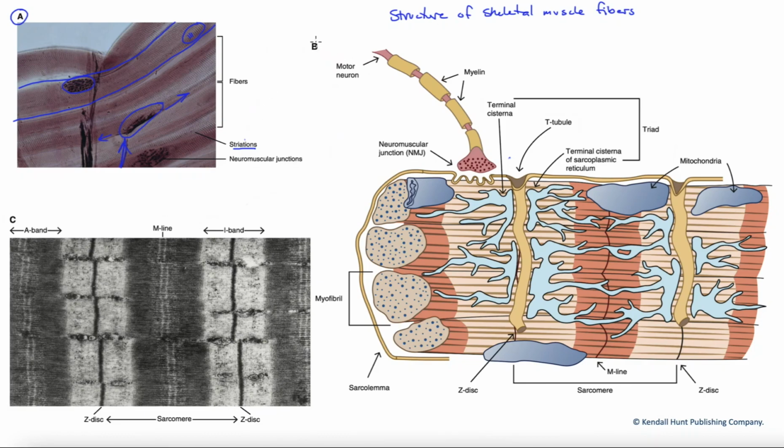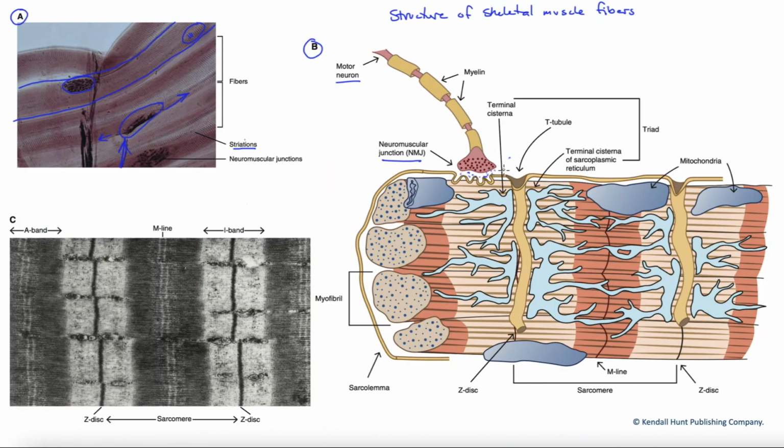Now, if we come over here to B, we see a cartoon version of some of the same structures. We see our motor neuron here, innervating our skeletal muscle fiber. Here's our neuromuscular junction. And so we would get a depolarization due to acetylcholine release in this synaptic cleft, a very large synaptic cleft actually.